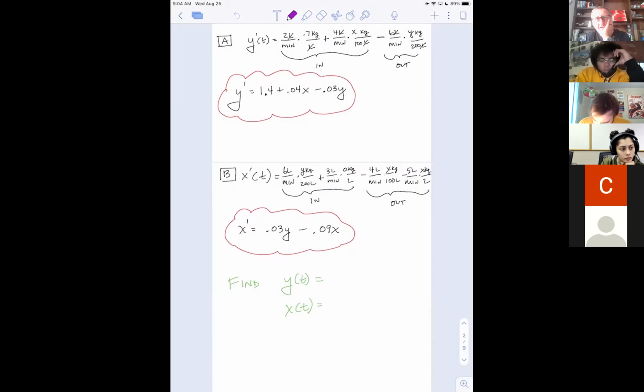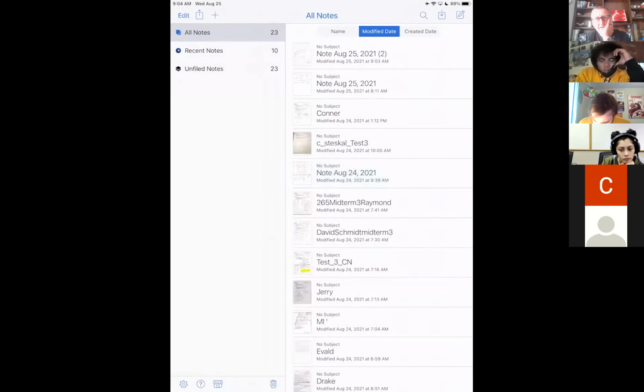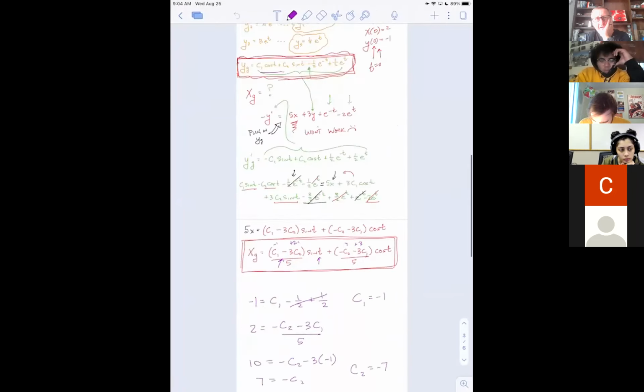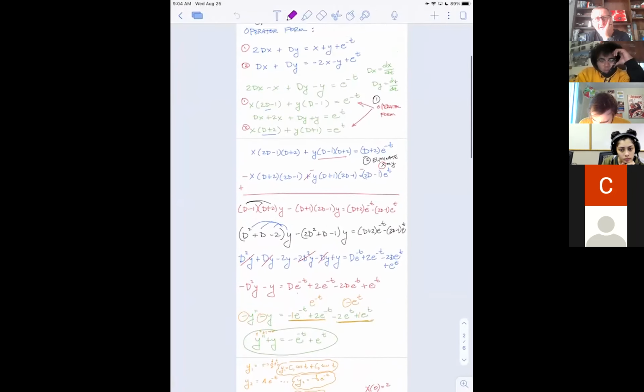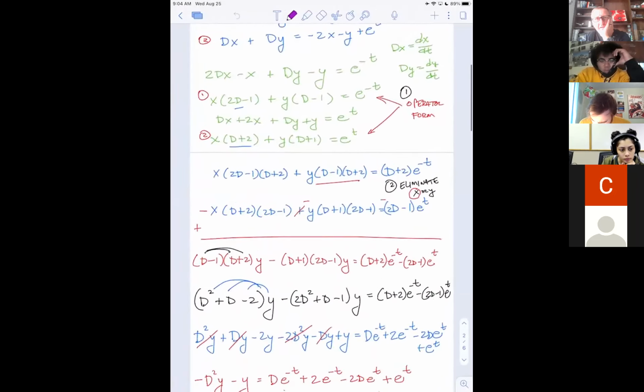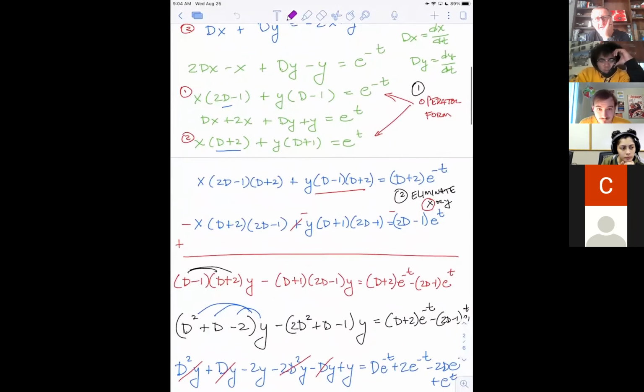So one thing I think is kind of important to point out, and I think my making a mistake made a difference. If you look at operator form, notice how you have the X terms on the left side of the equal sign, and then the Y terms on the left side of the equal sign, and then equals the T terms on the right-hand side.